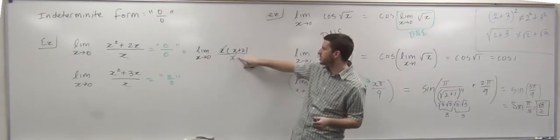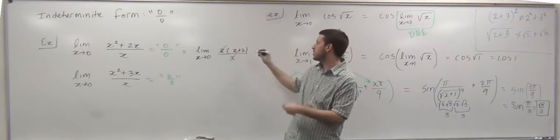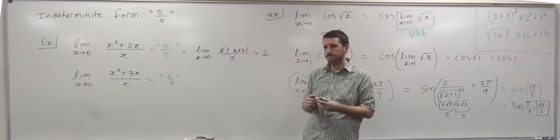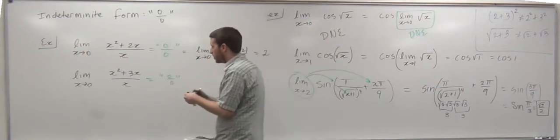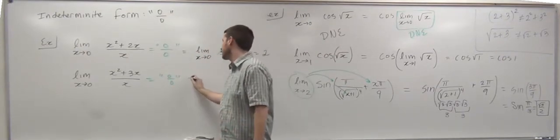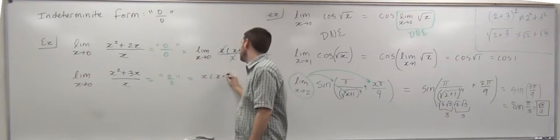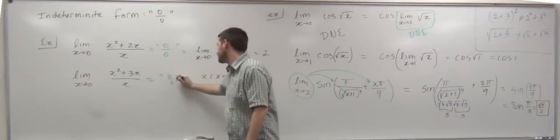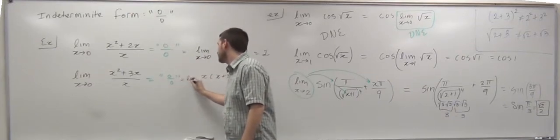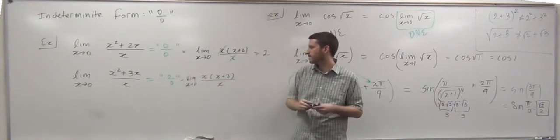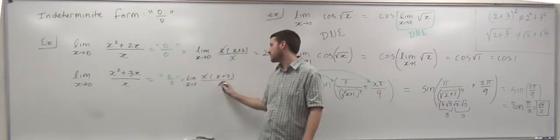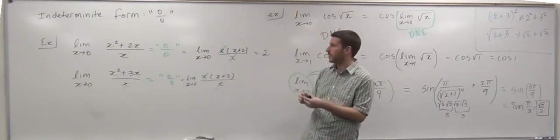Right now there's no 0 in the denominator, so when you plug in 0, you get 2. Whereas over here, if you pull the exact same trick, factor out the x, the x's cancel again, but when you plug in 0, you get 3.